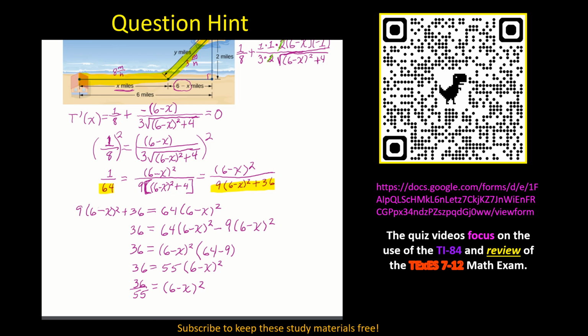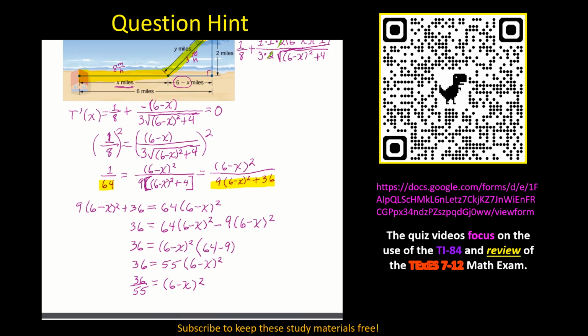Now from here, if you finish this, this is supposed to be a video hint and it's a very long hint. So if you finish this by taking the square root of both sides, you will get somewhere, and I bet you get the value you're looking for. Now you can go back to your video quiz, and happy testing.